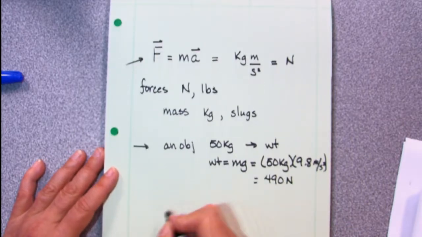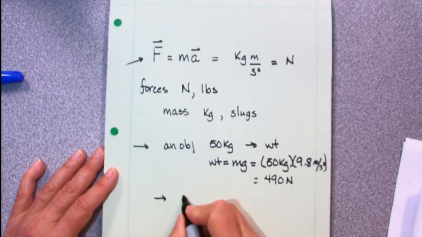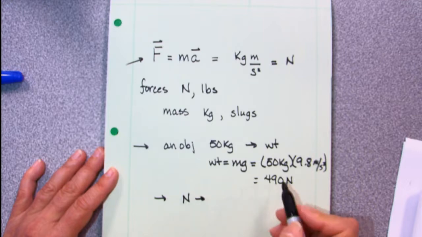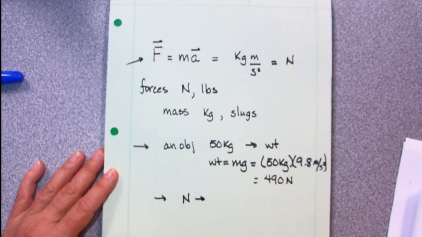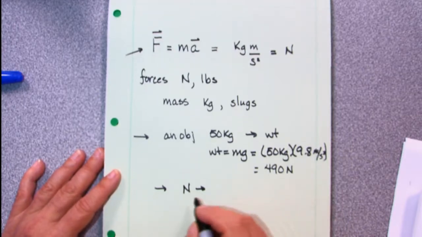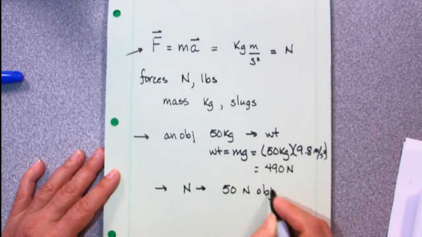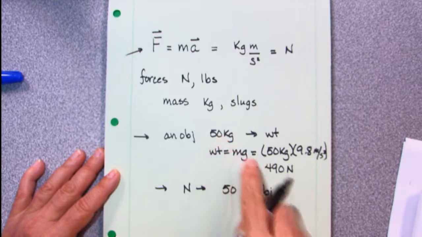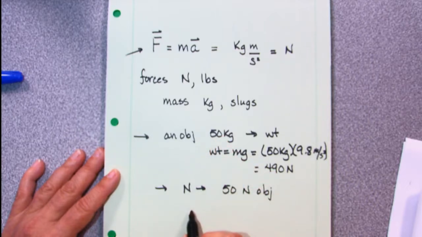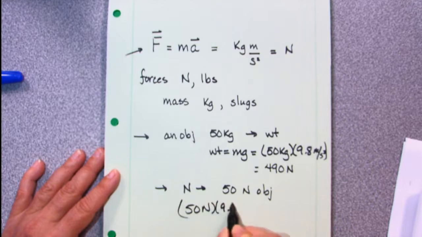If my problem gives me newtons, do not multiply by gravity. Okay? Because inevitably on a test, I will see somebody do this. I'll give you the problem that you have a 50 Newton object, and because you're so much in the habit of doing this, you're going to go ahead and put 50 newtons and multiply it by gravity.